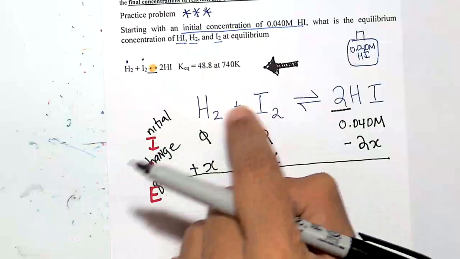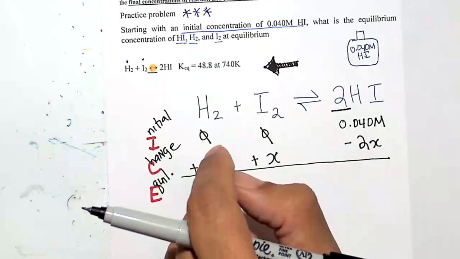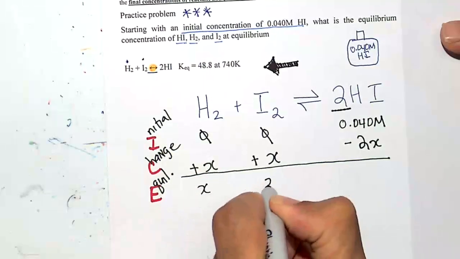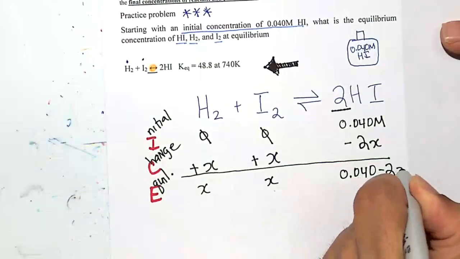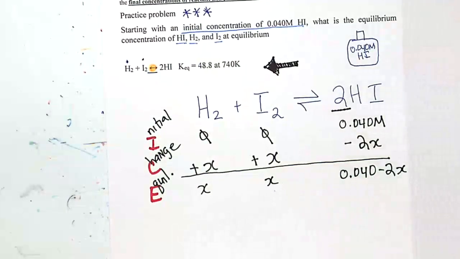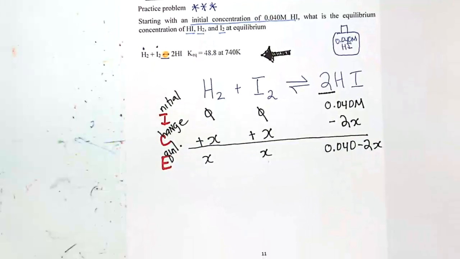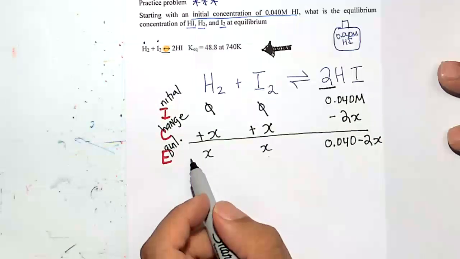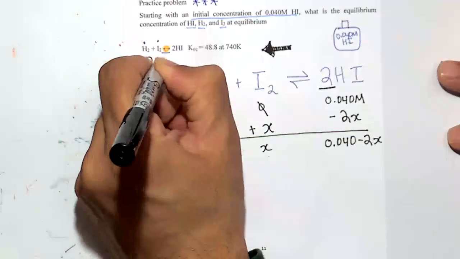Why? Because what's the coefficient? It's just a 1. So at equilibrium, this will be x, x, and 0.040 minus 2x. Now we have our equilibrium concentrations. So we set up the ICE table.